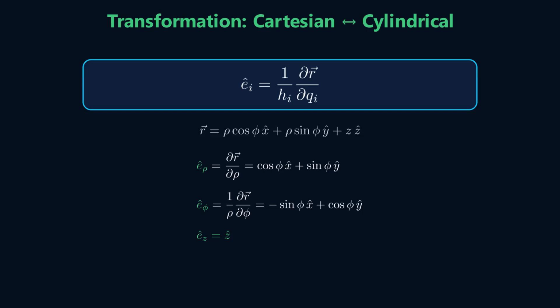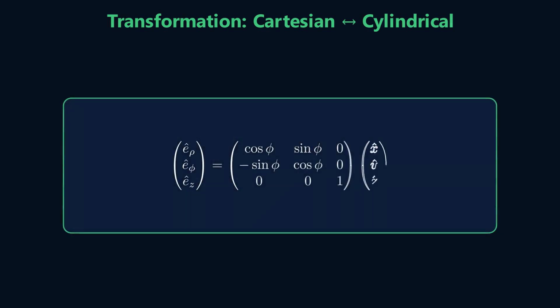To find e hat rho, we take the partial derivative of r with respect to rho and divide by h rho, which is 1. This gives e hat rho equals cosine phi e hat x plus sine phi e hat y. To find e hat phi, we take the partial derivative of r with respect to phi and divide by h phi, which is rho. The rho terms cancel, giving e hat phi equals minus sine phi e hat x plus cosine phi e hat y. And e hat z remains e hat z.